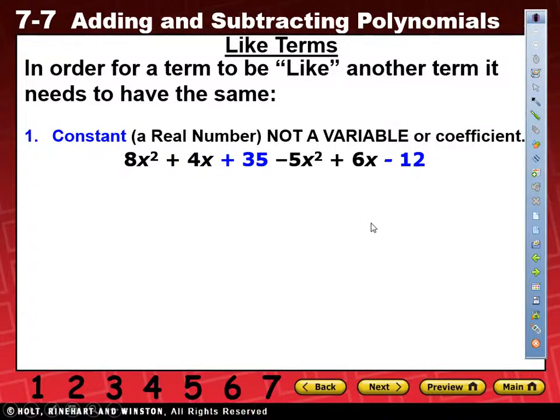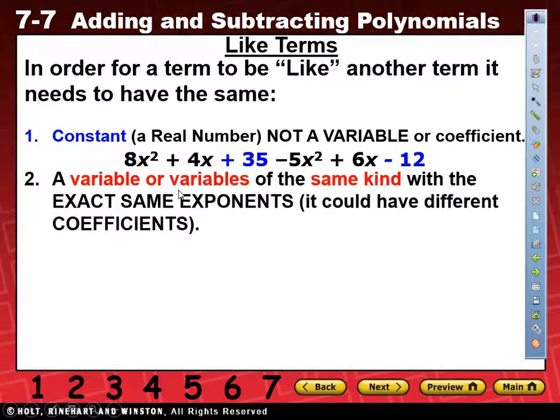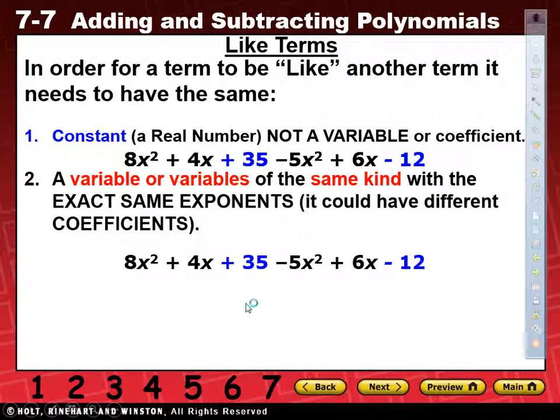So now let's look at the variables. Variables of the same kind are variables that have the exact same exponents and same kind of variable. So they need to have 2 things, the same kind of variable and the exact same exponent. Look at these. Which terms are alike?